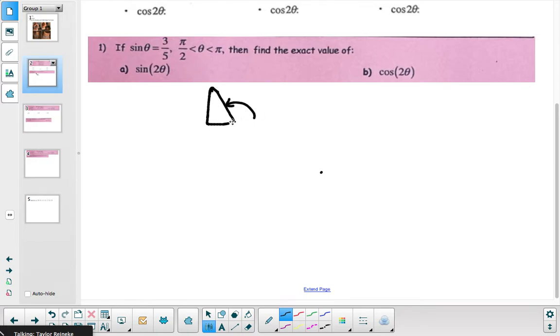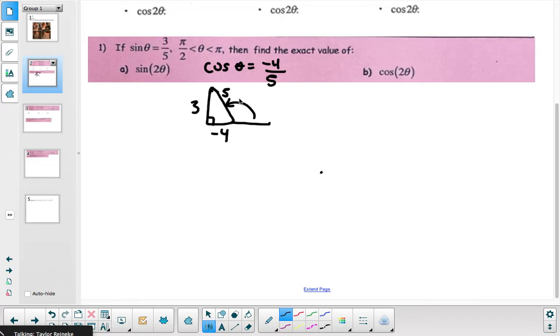So we have our triangle that we're working with, our angle, 3, 5, and then if you use the Pythagorean theorem, you get this is negative 4. Again, cosine's negative, so that's where the negative 4 comes from. So from this, we get that cosine of theta equals negative 4 over 5.